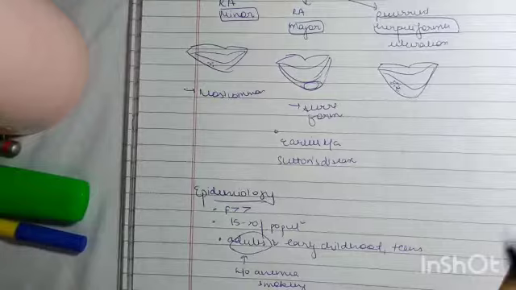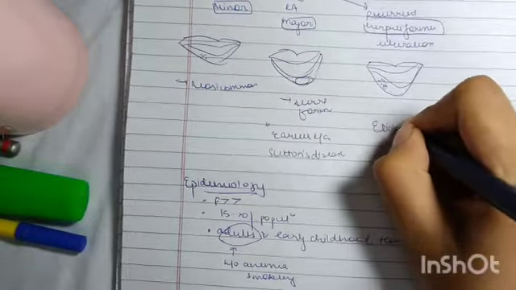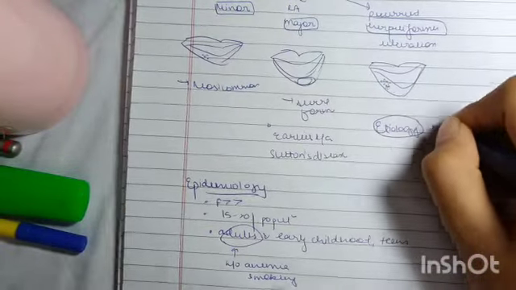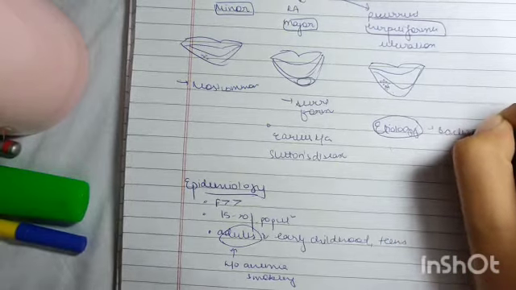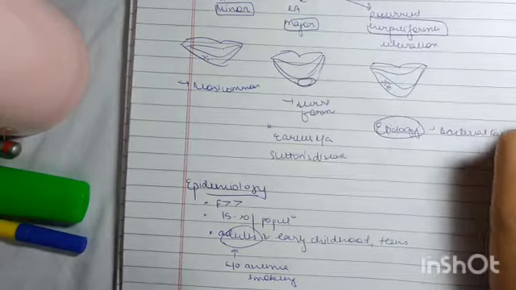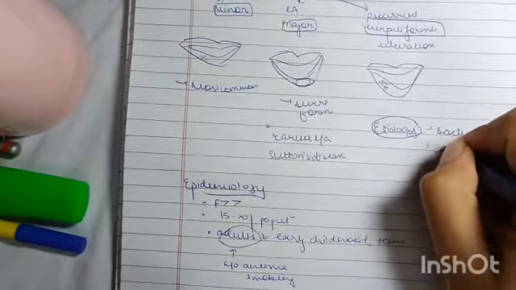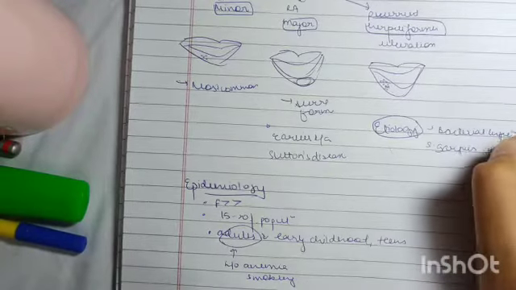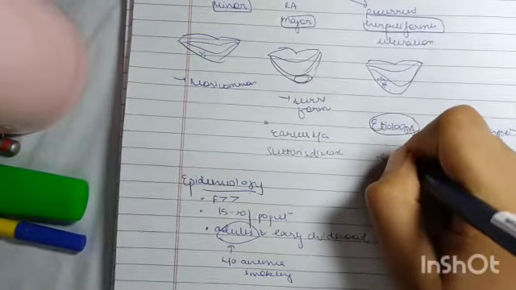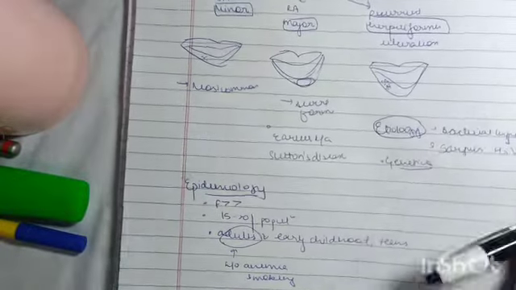Now let's talk about the etiology. What causes the ulcers? The first one being bacterial infection, Streptococcus sanguis, also viral infection, so HSV. Then it can occur because of genetics.